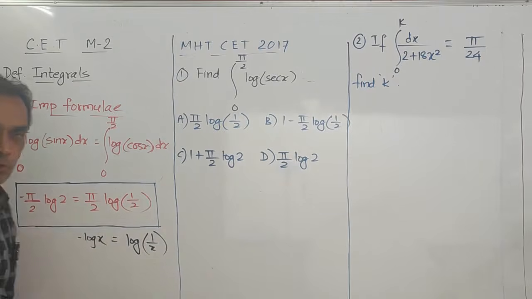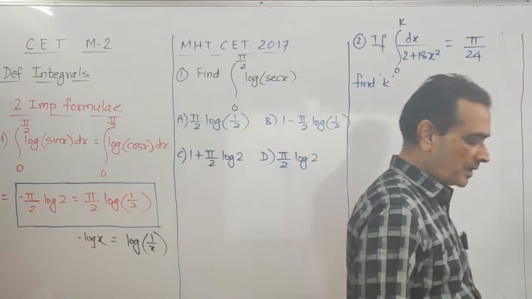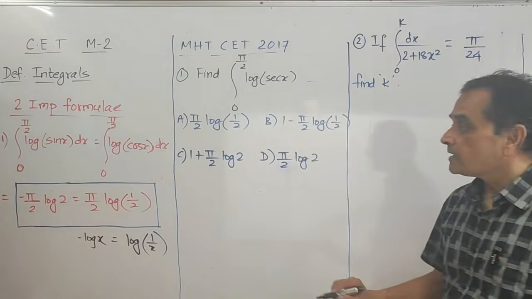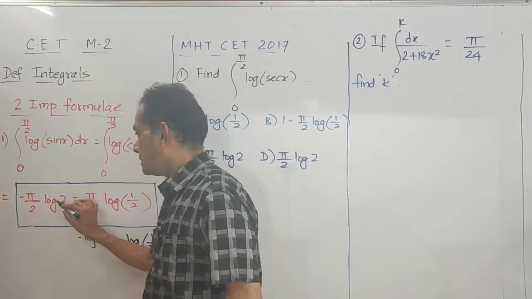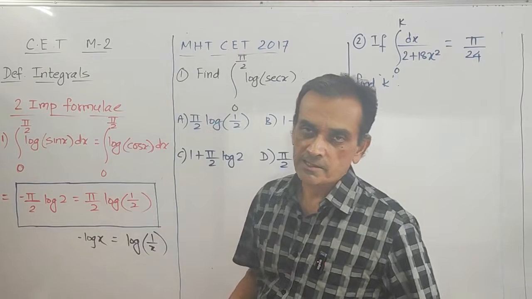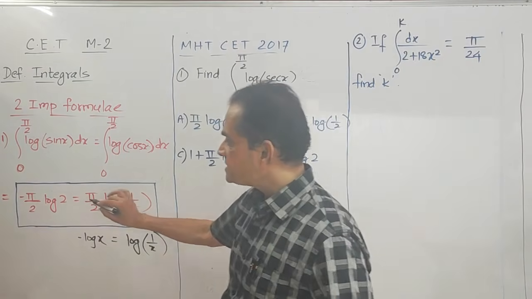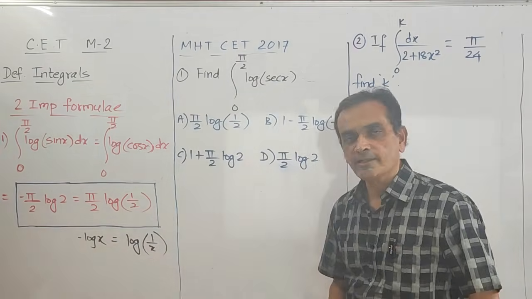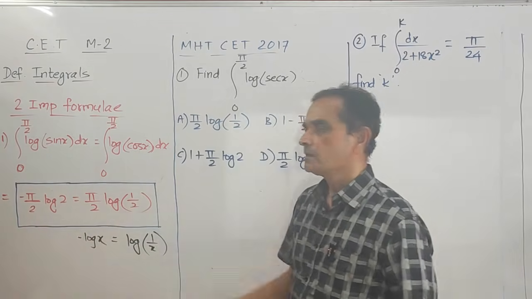Or the other way around. Okay? Fine. So these are both answers for both integrals. Log sin x का भी ये आंसर है, log cos x का भी ये आंसर है. Either you can take this or this. Okay?